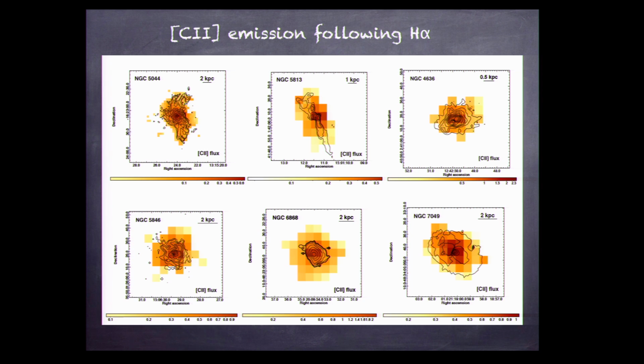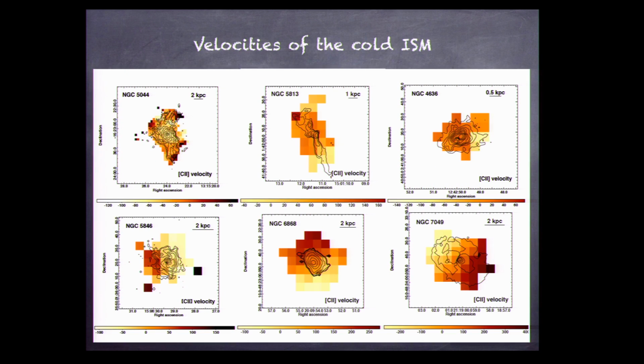And in each case, it is tracing the H alpha nebulae. So the H alpha emitting gas seems to be just a thin skin on an underlying reservoir of cold gas. And that's true for all of the systems with extended H alpha nebulae.